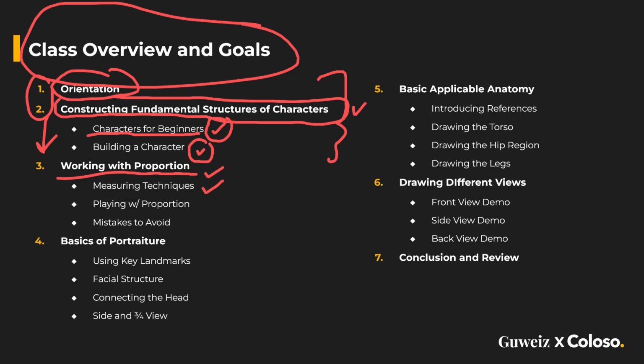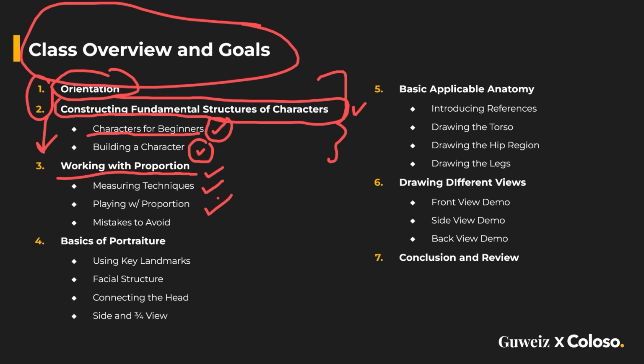We're going to be learning about measuring techniques. How do I measure my character? I know, for example, I need this to be relative to this, relative to that, but how do I measure it? Next, we're going to be talking about playing with proportion. After we've learned a basic model that we can use as our old reliable, how do we adjust that? Because you're not going to be drawing one character forever. You want to draw different characters, you want to try out different things.